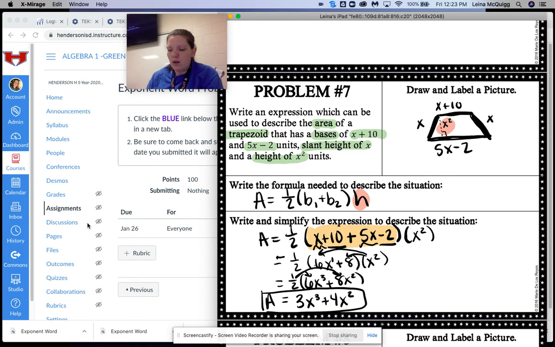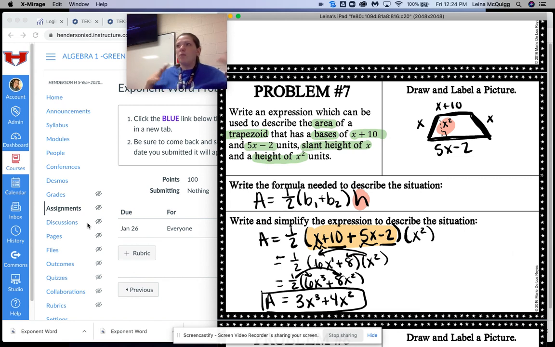You could have worked this a different way, and that's fine. You could have combined your like terms, then distributed your 1/2 and then your x squared, but ultimately you should get to this answer. So play around with that and work those problems however best your brain works. Sometimes your brain doesn't work like my brain. It's okay to take a different way to get to the answer, but just make sure you get to the right answer.